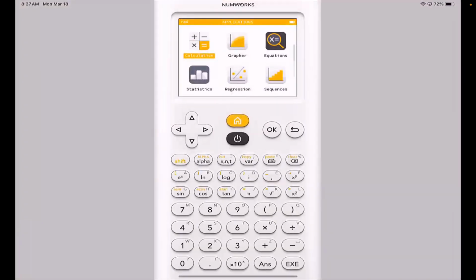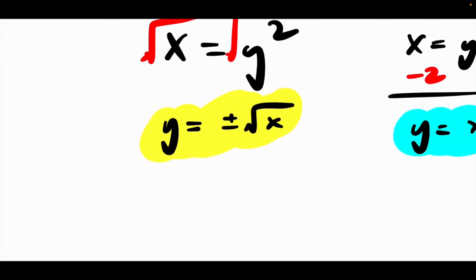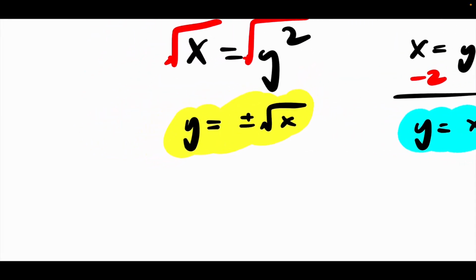Okay. Where's calculator? Okay, so grapher. Okay, so the first guy. Plus or minus. Now as far as I know, there's no plus or minus button on the calculator.